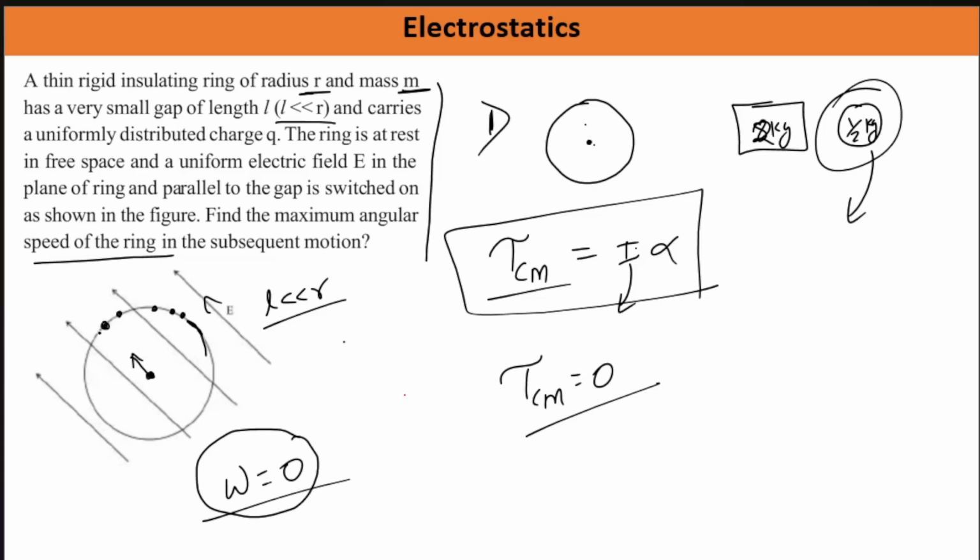Because the charge is distributed the same way as the mass is distributed along this length, that is also uniformly distributed. So the force acting at each point will be like this, and rather than drawing such forces at infinite points lying on the ring, it is better to devise a point through which this aggregate force will act. That point will coincide with the center of mass, because the mass distribution and charge distribution are quite the same. So their centers are going to be the same.